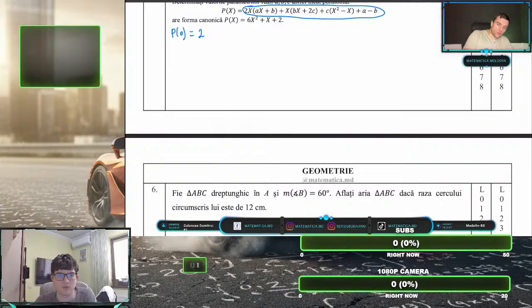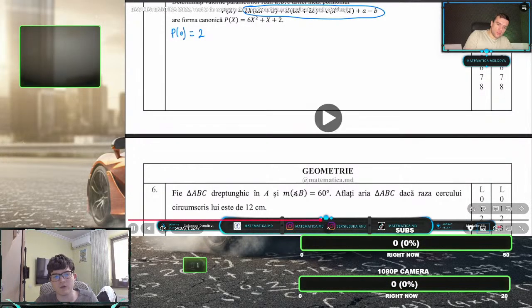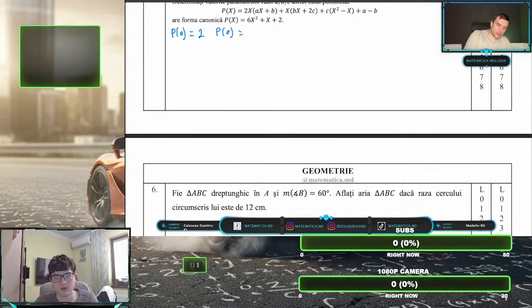P of 0 is 2. So here, instead of x, you put a 0. Solve and equal with 2. So you're gonna find a and b somehow. I don't know exactly, because he made some conditions here.